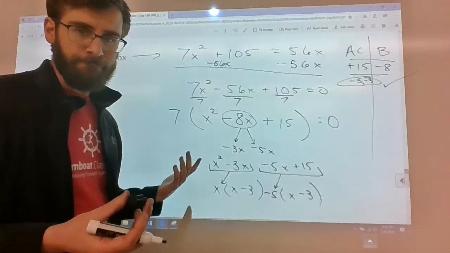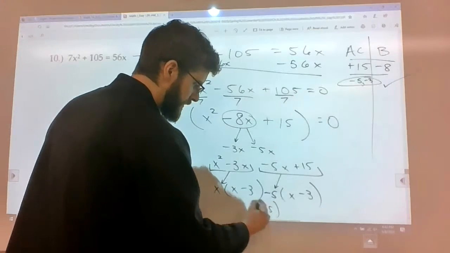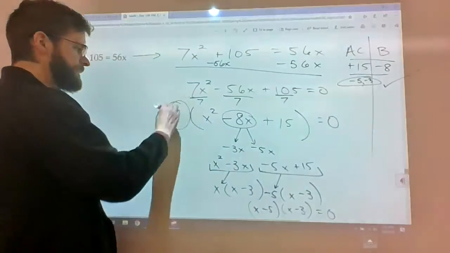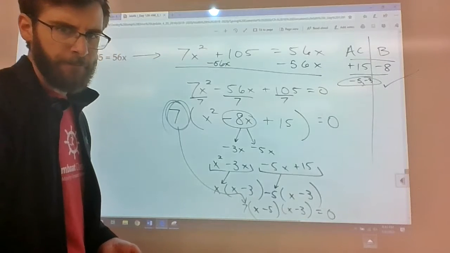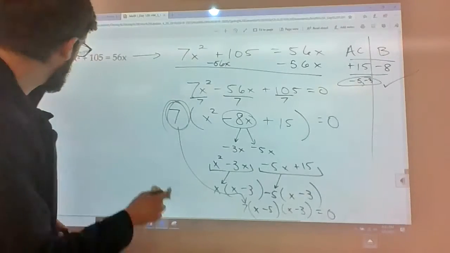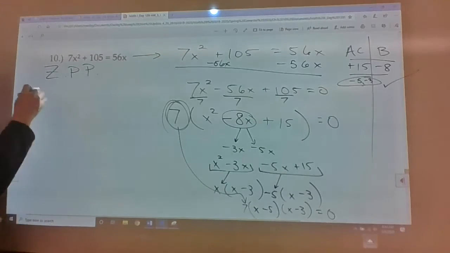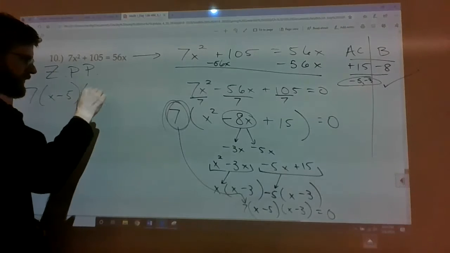All right, group together the GCFs. The leftovers are x minus 3. Remember this 7? It's still a part of the factored version of that polynomial. Now when we go to the zero product property, we're looking at this factored polynomial in its relation to 0.